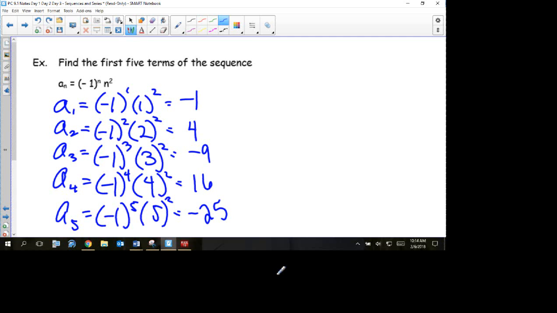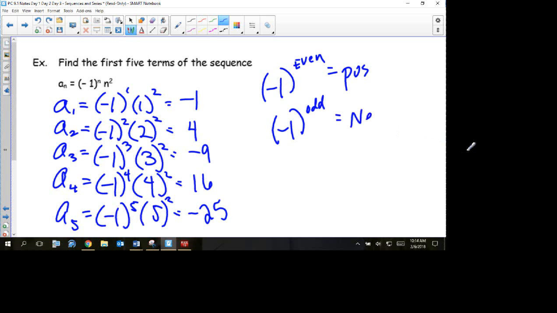But so does this one. What's making it go negative, positive, negative, positive? The -1 to an exponent. Because if I have -1 to an even amount, it's going to be positive. If I have -1 to an odd, it's going to be negative.